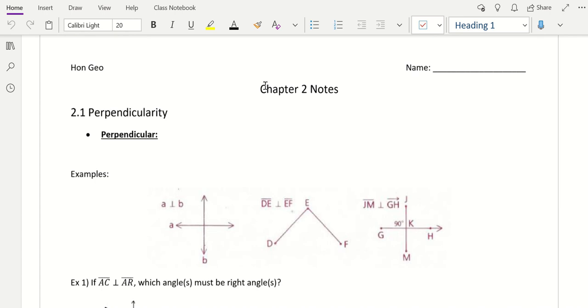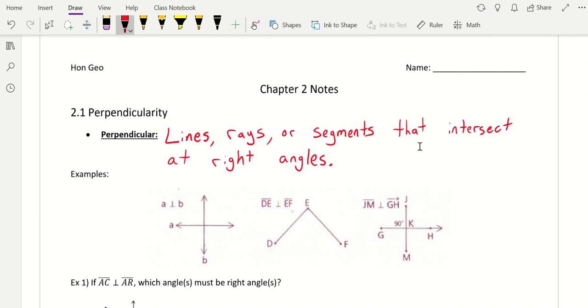So section 2.1 covers perpendicularity. First off, the definition of perpendicular is lines, rays, or segments that intersect at right angles. You probably will want to pause this video if you need more time to write these definitions down. We have a symbol for perpendicular, and that symbol looks like this.